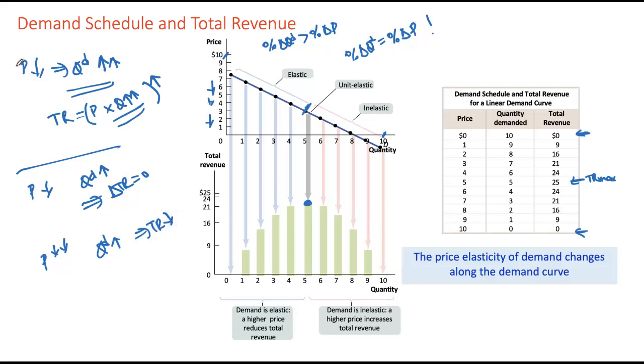So as we work through the demand curve, starting from the top all the way to the bottom, revenue increases because of elasticity of demand being elastic, reaches a maximum because of being at the unit elastic point, and then total revenue decreases because the price effect becomes the dominant effect. And again, it decreases all the way to 0, where you are corresponding to the horizontal intercept on your demand curve.